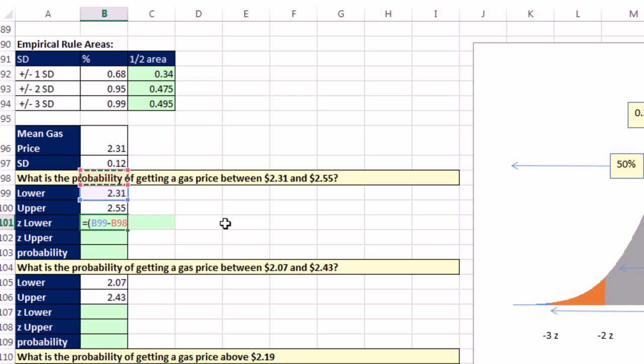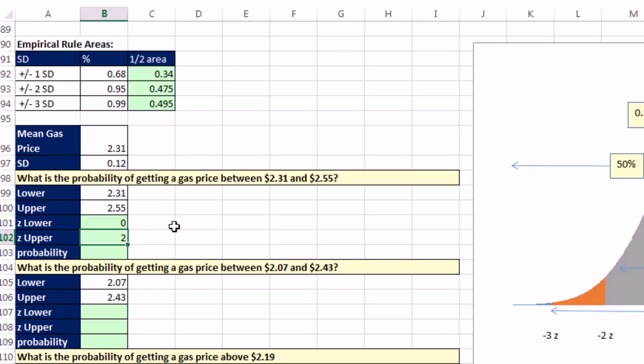Particular x, subtract our mean F4, close parentheses, divided by our standard deviation F4. Control Enter. That one is definitely $2.31. Control C and Control V. Notice that was a relative cell reference, but these ones were locked.